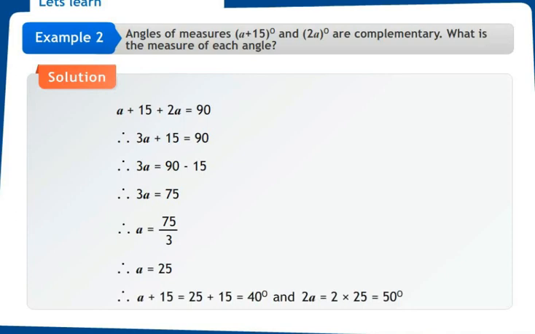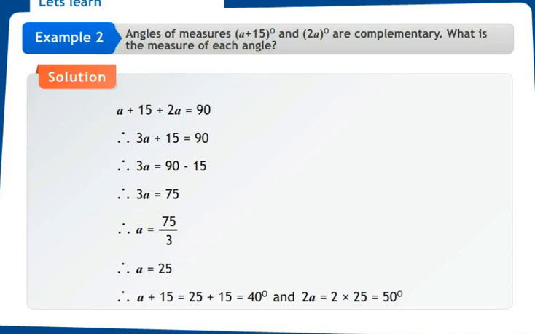Now you can see one angle was a plus 15. We have got a equal to 25. So a plus 15 will be 25 plus 15. That means a plus 15 is equal to 40. Now 2a.